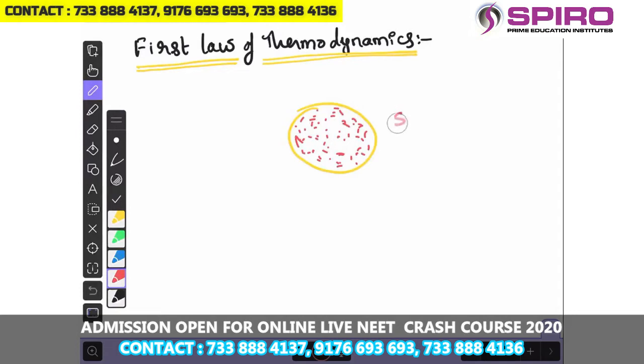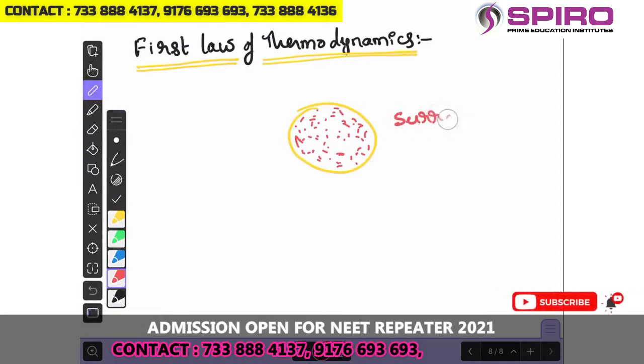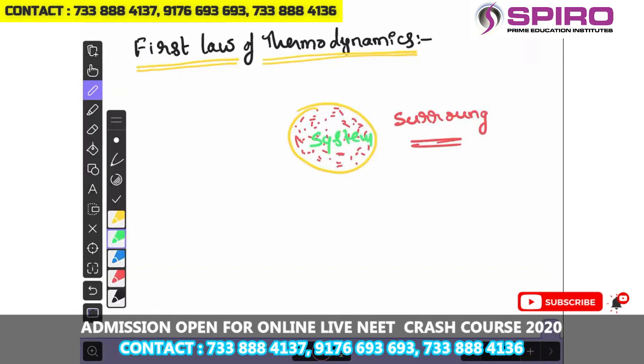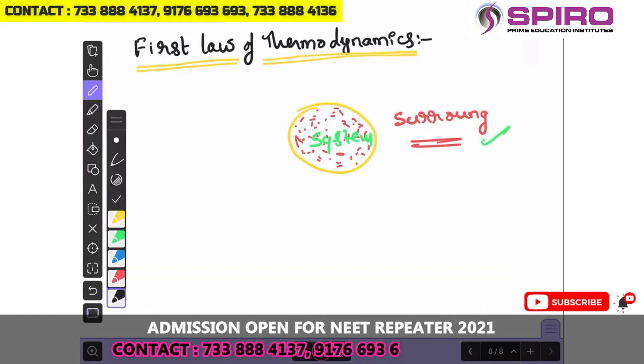I am writing it here. This is the surrounding. Other than the system, all the rest is taken as the surrounding. There will be a continuous interaction between the system and surrounding. The system particles and surrounding particles are in interaction continuously.